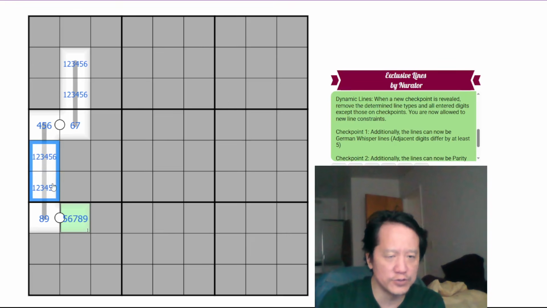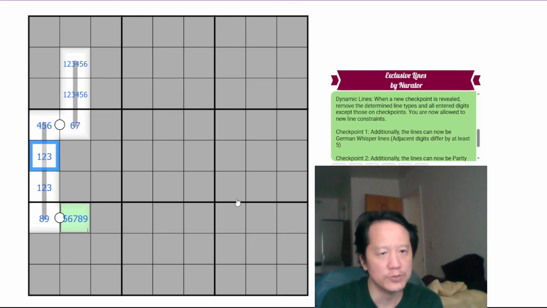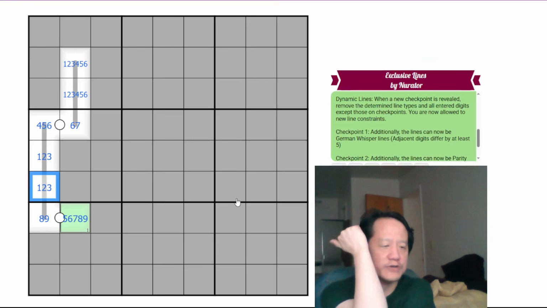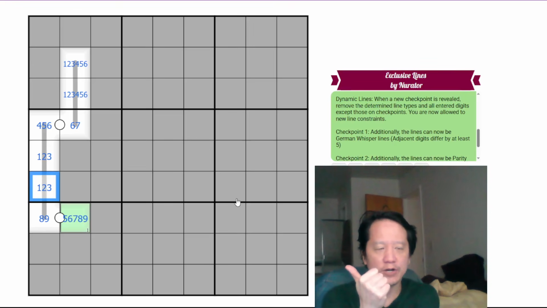This must have 2 unique digits from 1 through 3, because to add up to any single digit with 3 unique digits, you're guaranteed at least 2 of them have to be from 1, 2, or 3. Right? Because to add up to 6 is 1, 2, and 3, which is 3 digits from 1 through 3. To add up to 7 is 1, 2, 4, which requires 2 digits from 1 through 3.